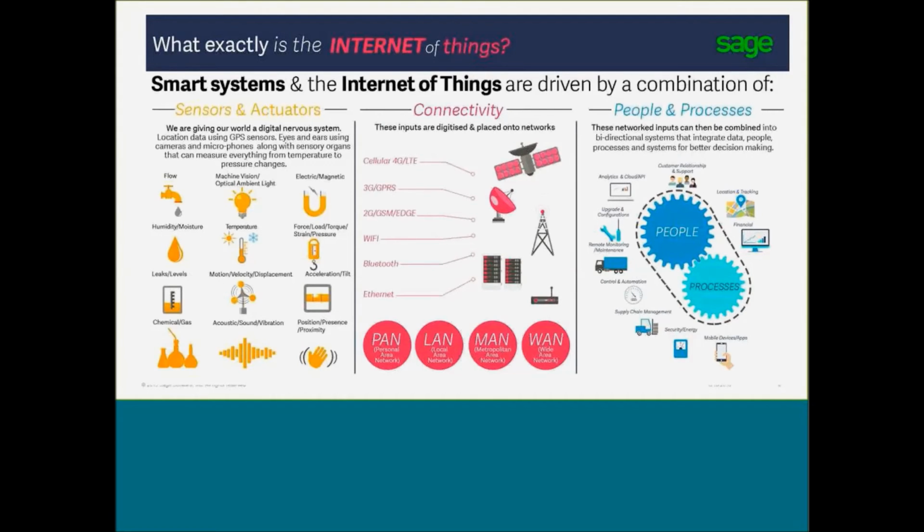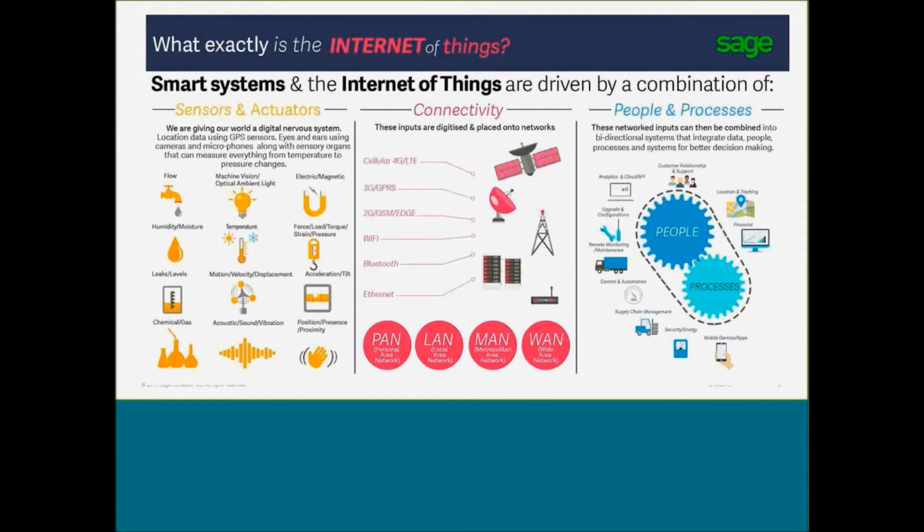So what exactly is the Internet of Things? So we have sensors and devices which enable the transmission of data. So in essence, they are the eyes and the ears of the Internet of Things, and they are able to, through humidity, measuring temperature, measuring movement and sound, can transmit data across various types of networks.